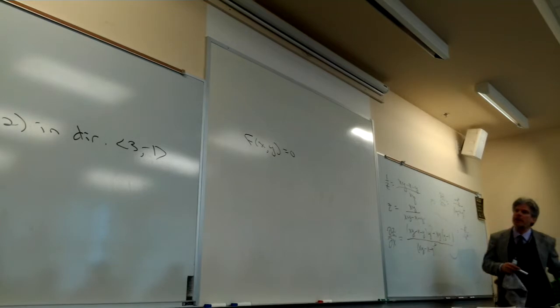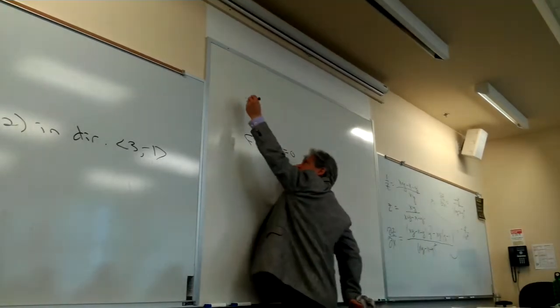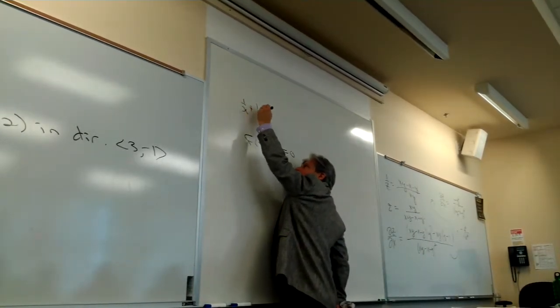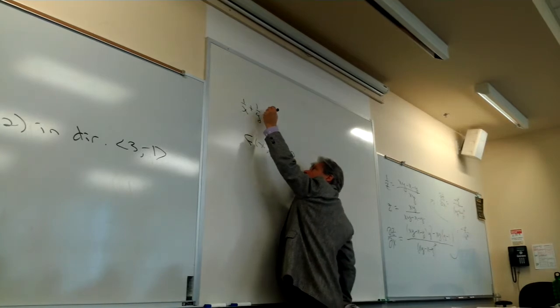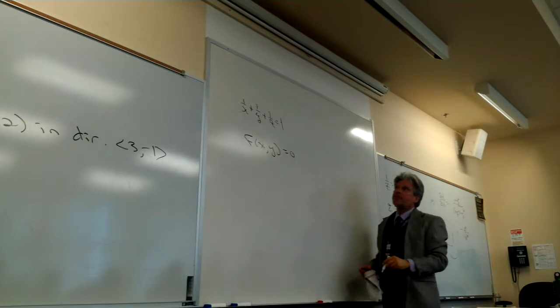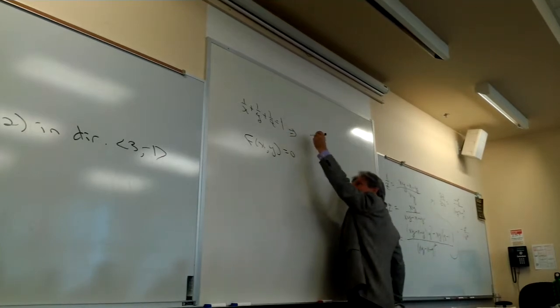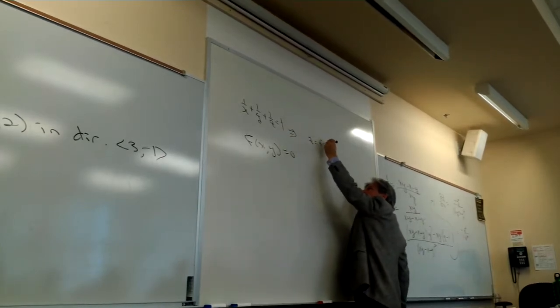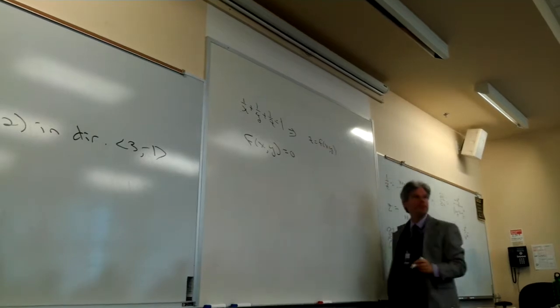For example, what did he have in this question? Was it 1 over x plus 1 over y plus 1 over z is equal to 1? Now, technically speaking, when you look at this equation, you can think of this as an equation in the form z is equal to some function in 2 variables. You could.